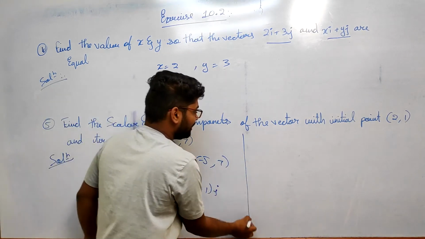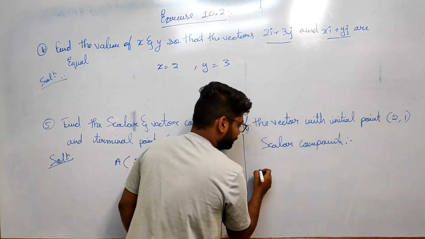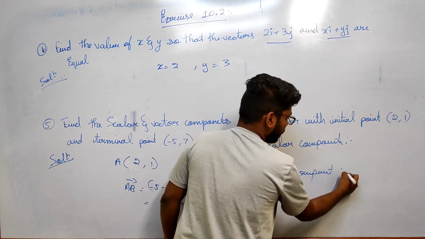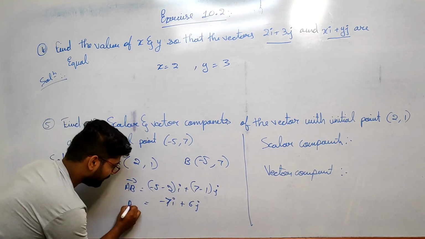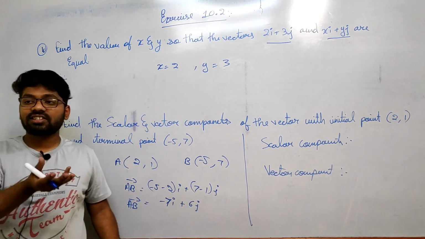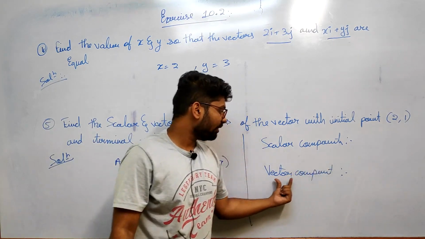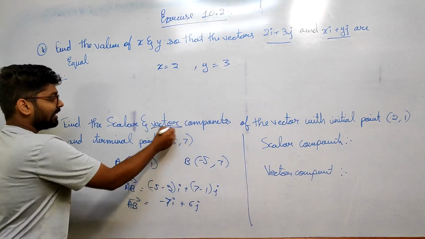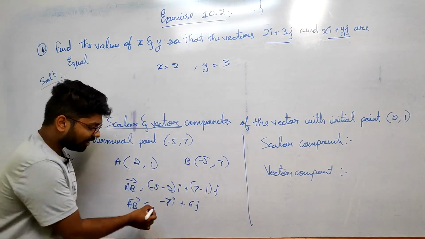So now the main thing is, what is the scalar component? Now the main question over here is this: you have got a vector AB bar, and he is asking you just the components. He is asking you the scalar component and the vector component. What is a scalar component?